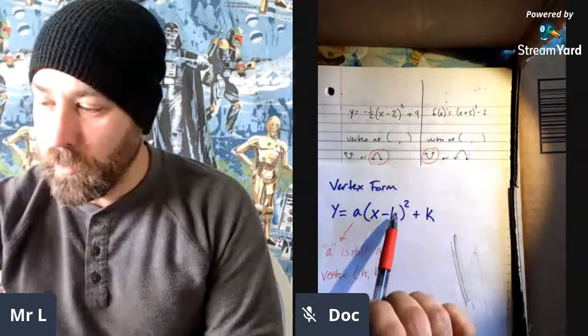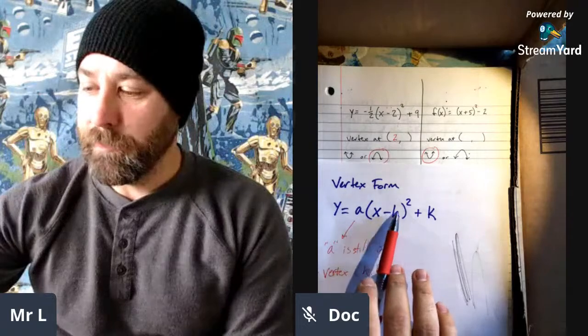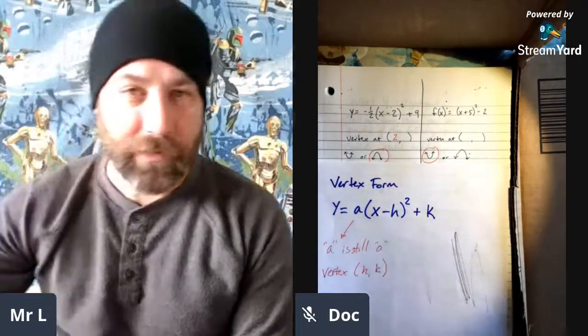If 2 was a negative number, minus a negative would then turn to addition. I hope that's not too confusing for you. But in this problem, our x coordinate for the vertex is just a 2 because we are subtracting whatever h is. And h in this case would have to be a 2 in order for it to stay subtraction.